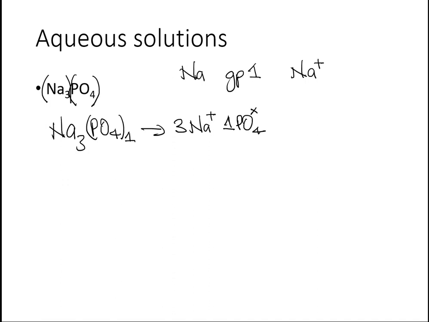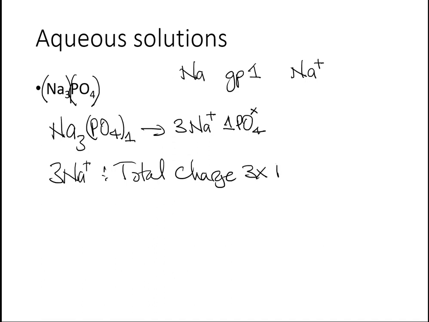Now, 3 sodium ions, 3 Na plus, have a total charge of 3 times 1, which is plus 3. So we have a total charge of plus 3 from the sodium ions because we have 3 of them.